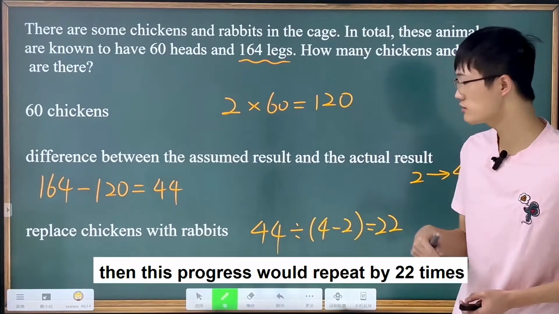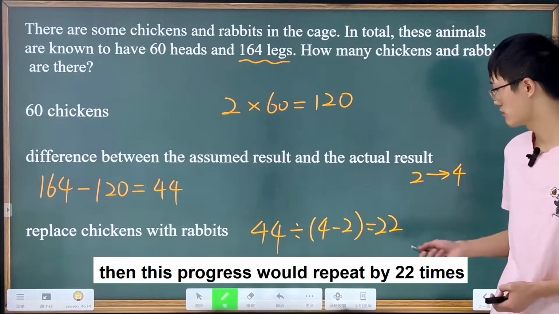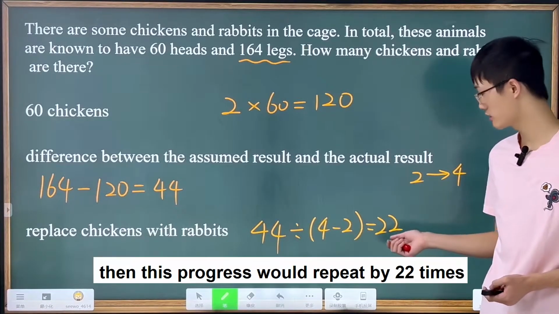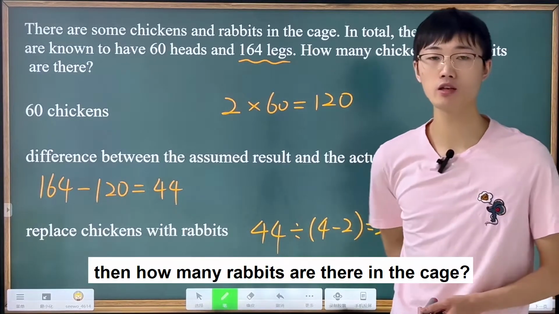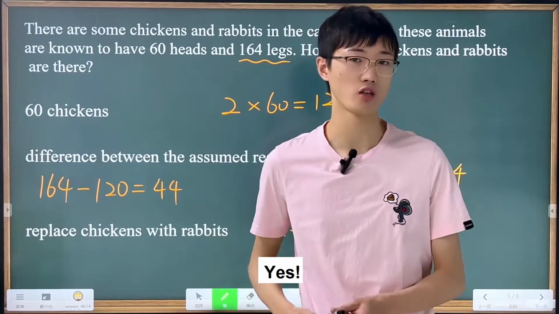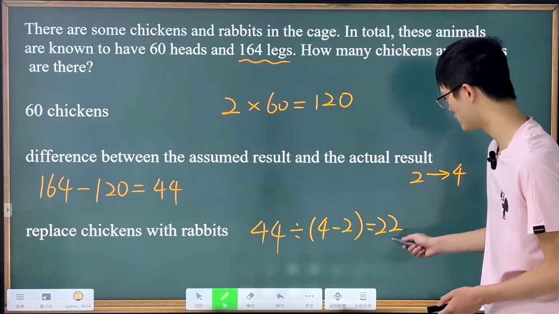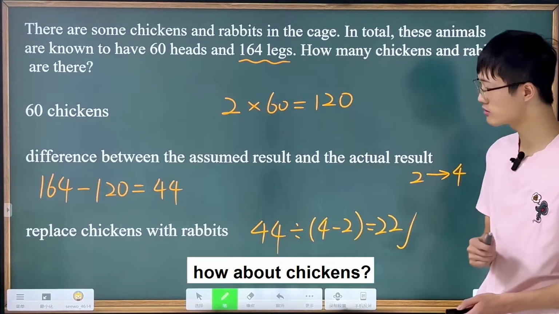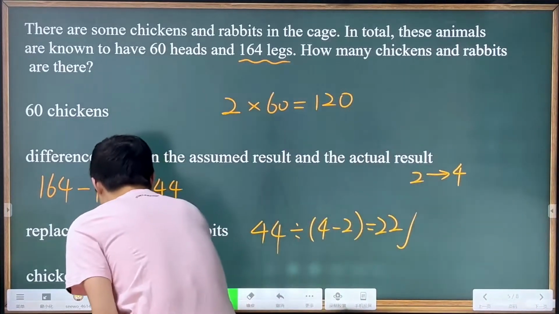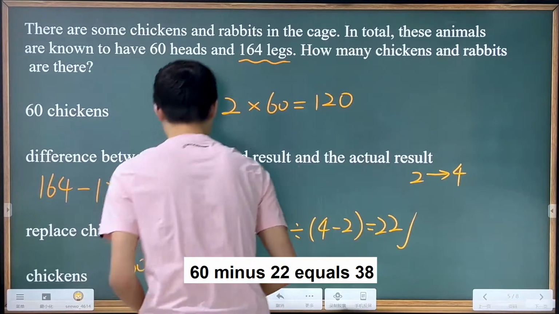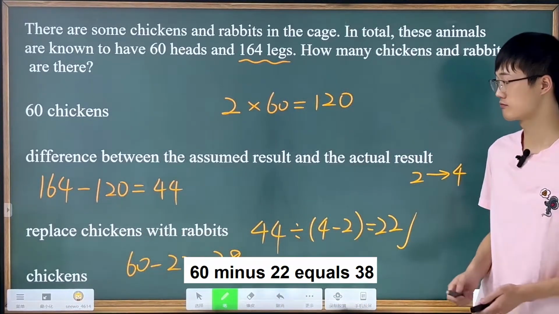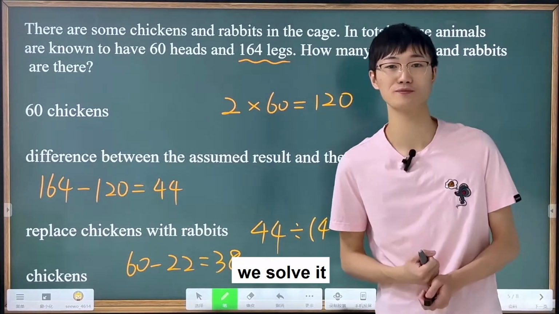Then this process would be repeated 22 times. Then how many rabbits are there in the cage? Yes, 22. Now how about chickens? 60 minus 22 equals 38. Finally, we solve it.